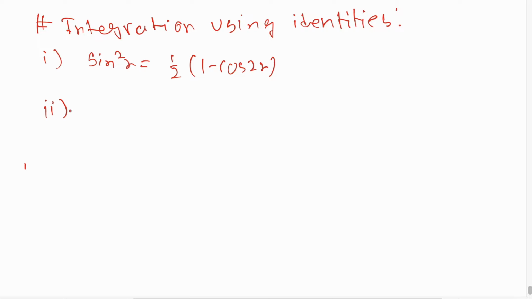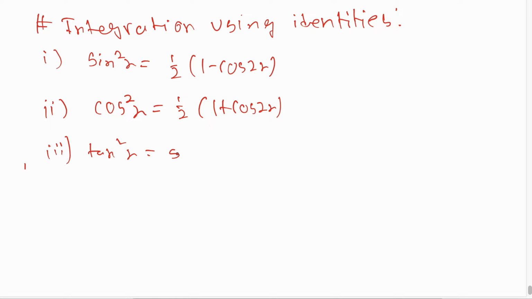Then number 2, cos square x is equal to half of 1 plus cos 2x. Shortcut to remember: in sin square x there is 1 minus, and in cos square x there is 1 plus. Then number 3, tan square x is equal to sec square x minus 1. It means sec square x minus tan square x is equal to 1.